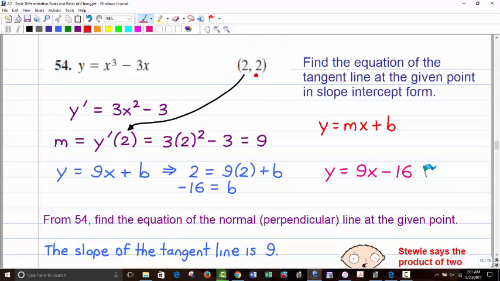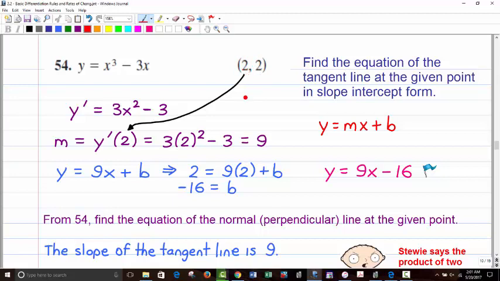So that means if I know the slope is 9, my equation is going to start out y equals 9x plus b. I just have to figure out what b is. So to do that, take your xy point. Even if you had not been given the y, you would be calculating the y to get it. We already have it.